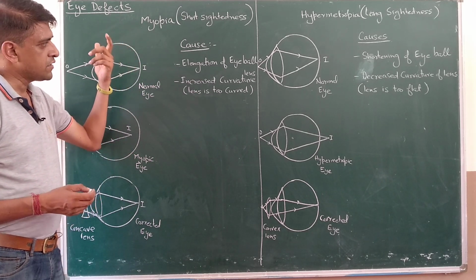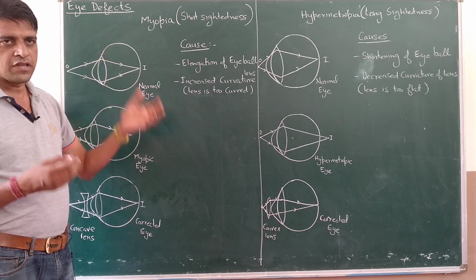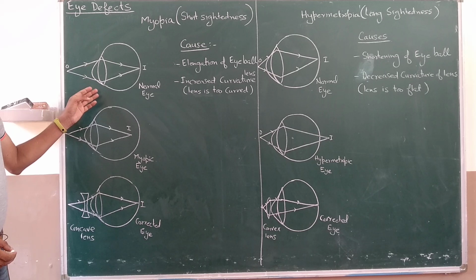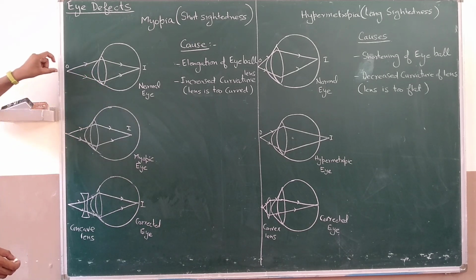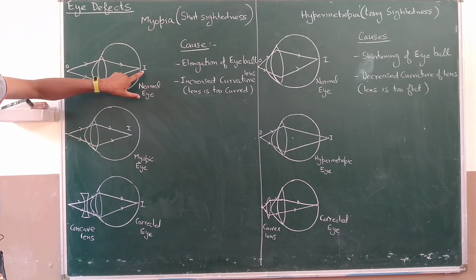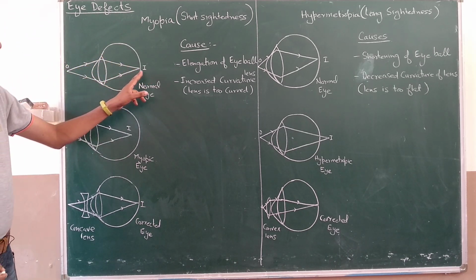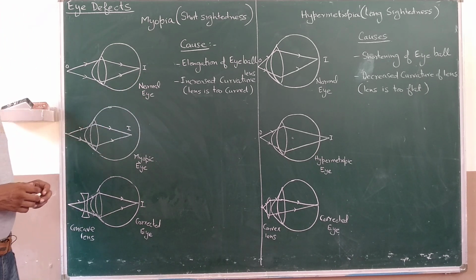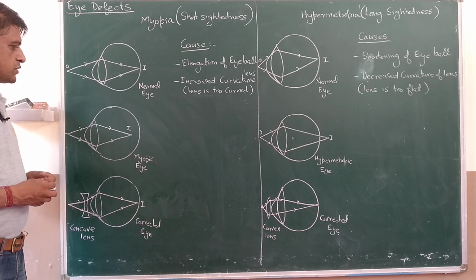And what is the problem with the eyes for this defect? Suppose a normal eye receives the light rays at the lens, and these light rays are converged by our lens onto our retina, so that we can obtain a real, inverted and smaller image.